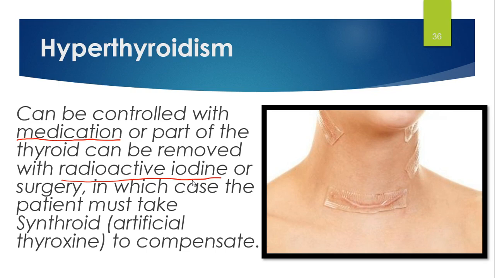So if you ingest radioactive iodine, all that radioactive iodine will collect in your thyroid gland, and the radioactivity will actually destroy the tissues of the thyroid. So once that is done, okay, once the tissues are removed or destroyed using radioactivity, they will not produce thyroxine anymore. So for the rest of your life, you have to take synthetic thyroxine to compensate for the loss of the thyroid gland.